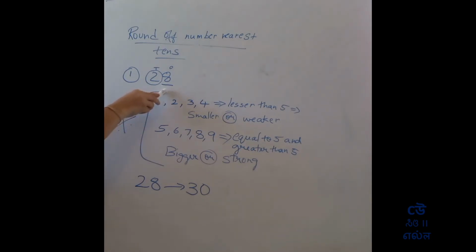See if the number is greater than 5 or less than 5. If the number is greater than 5, consider it as strong number and increase one number in tens place. So it will become 30. Understood, children?